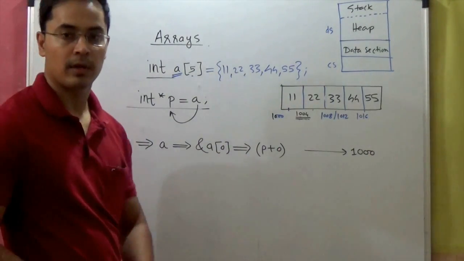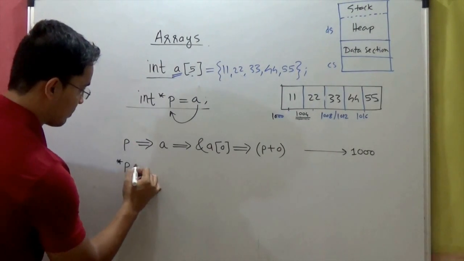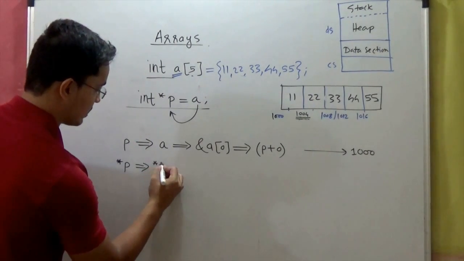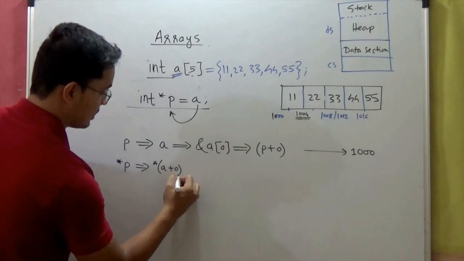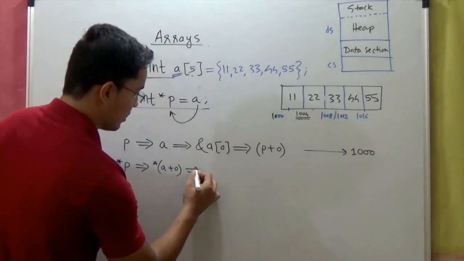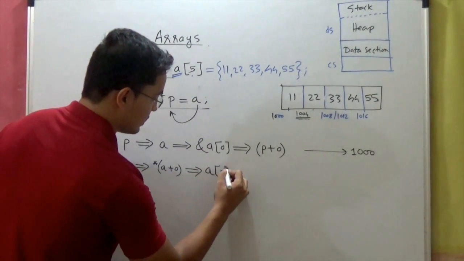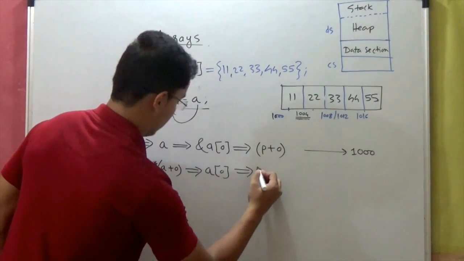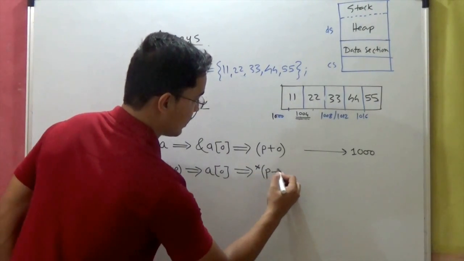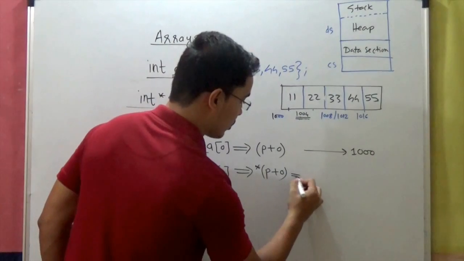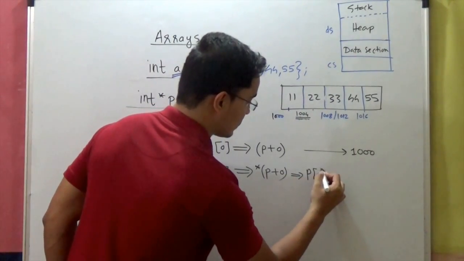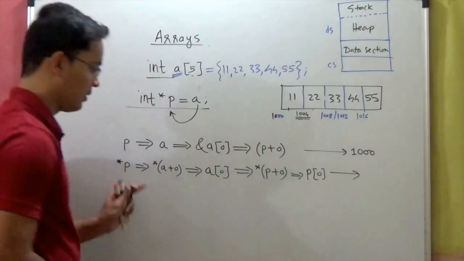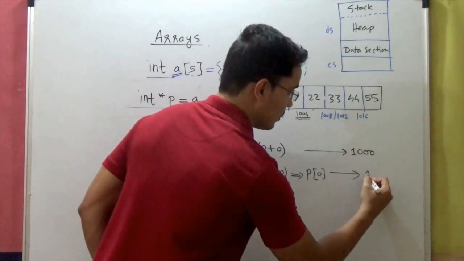What if we want to print the value? Star p, you could say star a plus 0, or a of 0, you could say star p plus 0, or you could also say simply p of 0. All this will print the value 11.